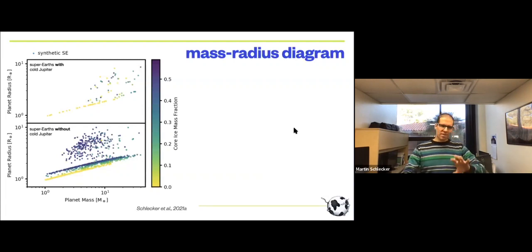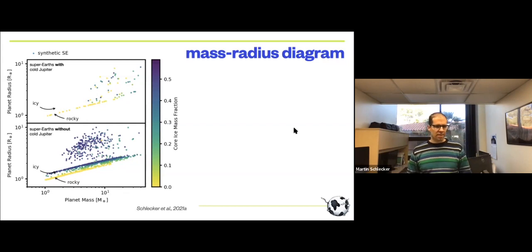And so if we plot these same two different populations in a mass radius diagram, and here I'm plotting only the super Earths, we see that indeed they do occupy different regions in the plot. So these prominent two diagonal lines here, they correspond in our model to rocky and icy cores without a significant atmosphere, so they follow nicely this diagonal part.